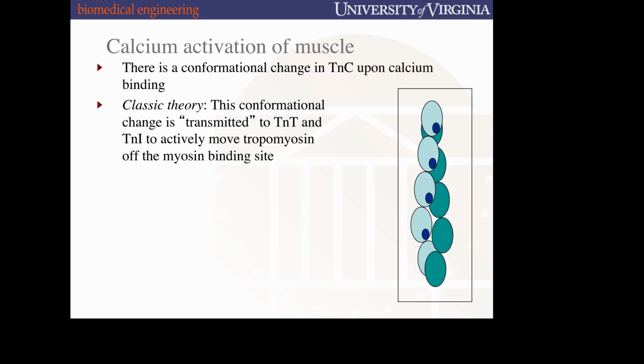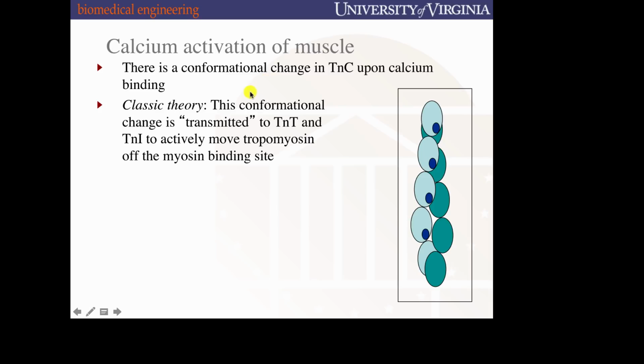Calcium comes out of the ER very, very quickly into the cytoplasm, raising the calcium concentration inside the cytoplasm, and upon that calcium influx, TNC is going to bind calcium. When it binds calcium, it's going to undergo a significant conformational change.